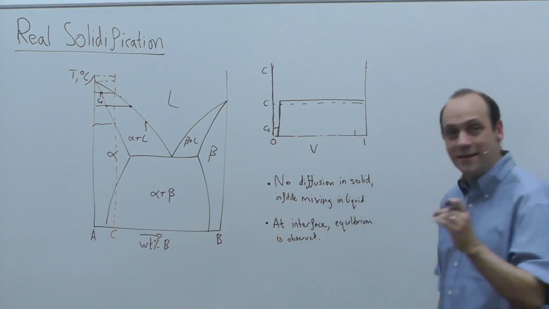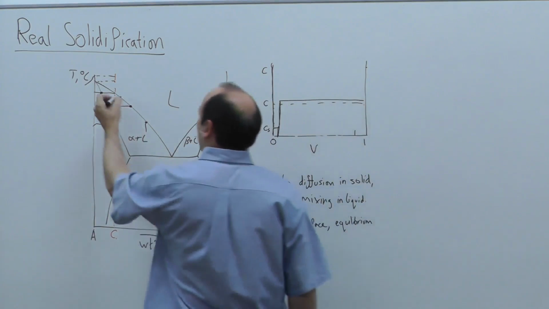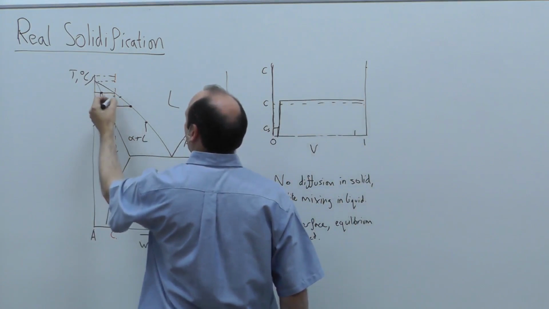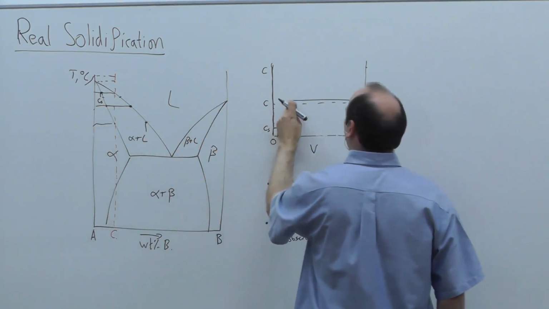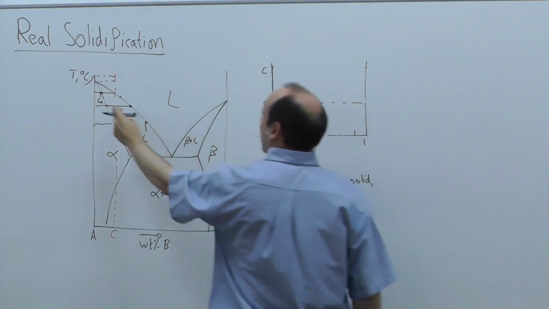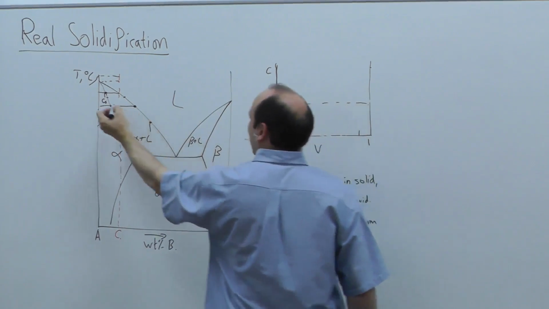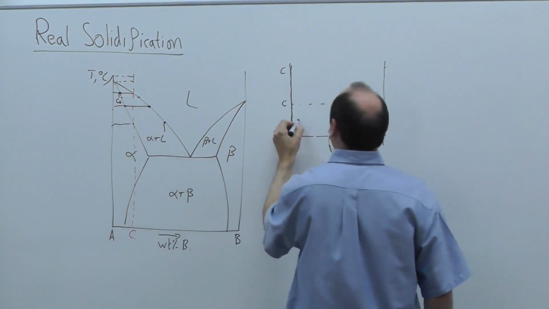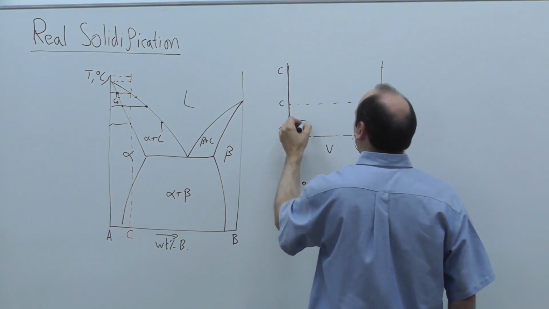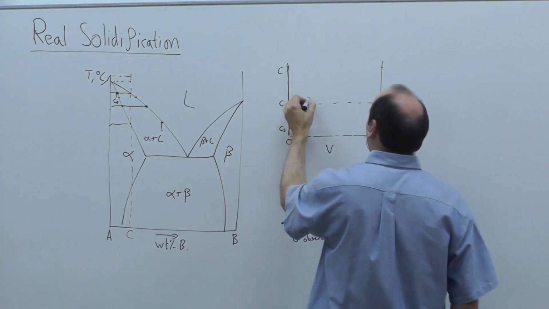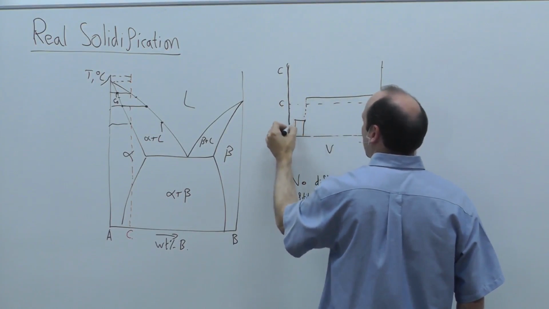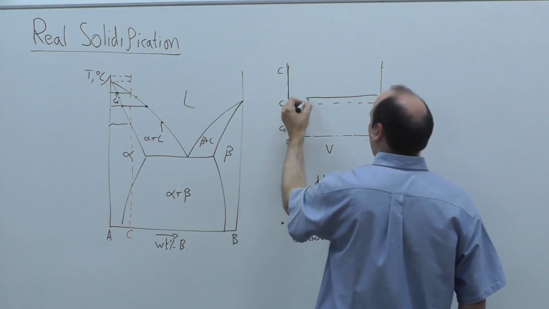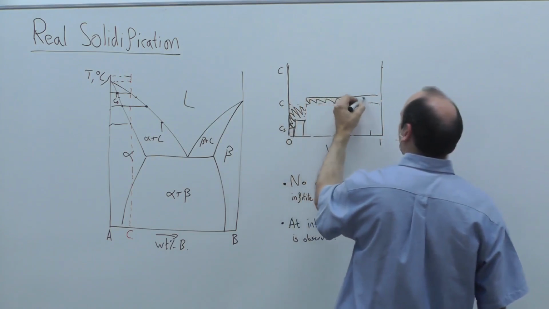So what that means is that when we come down from this temperature here to this temperature here, what will happen? Well, now the composition of the next bit of solid that forms is a bit richer. And then back at the interface here, all of this amount, this area here that's missing, all of that now goes into the liquid.